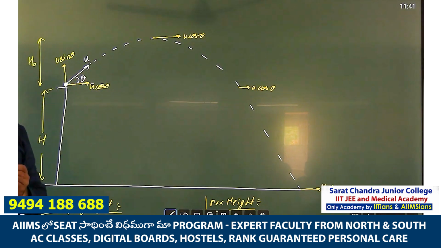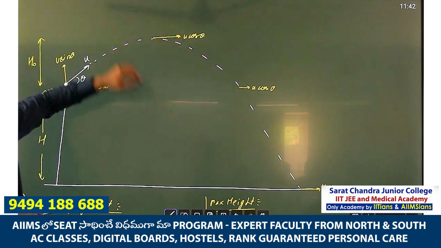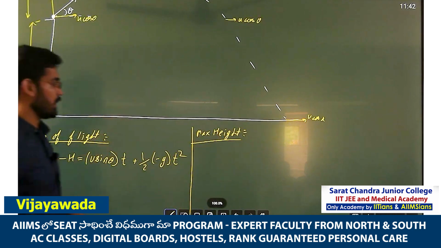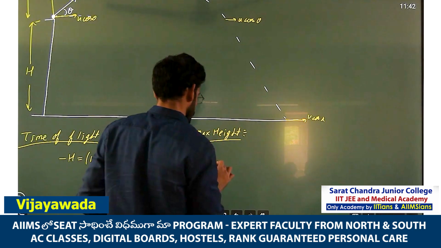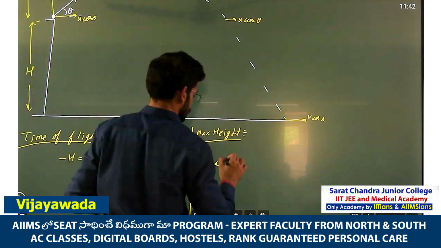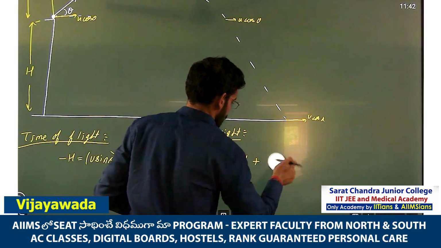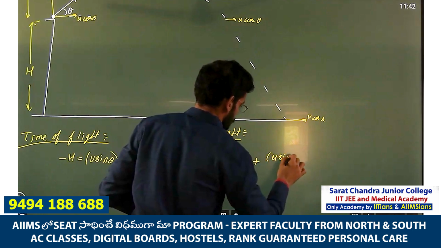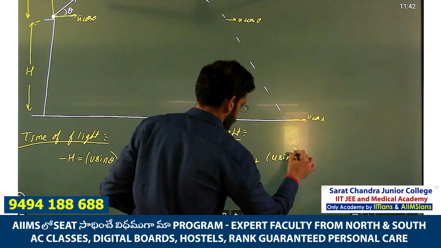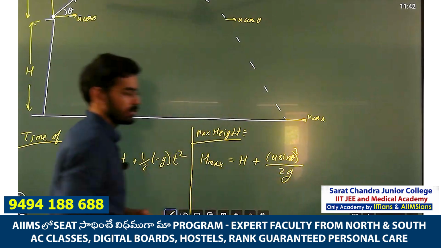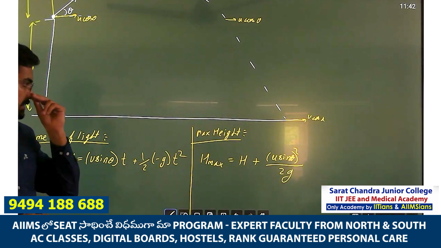So what will come? U square by 2g, this to this is normal projectile only. So h max is actually this h plus h naught, which is u sin theta whole square by 2g plus h. That's the maximum height.